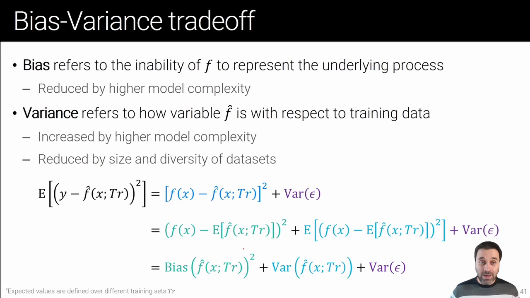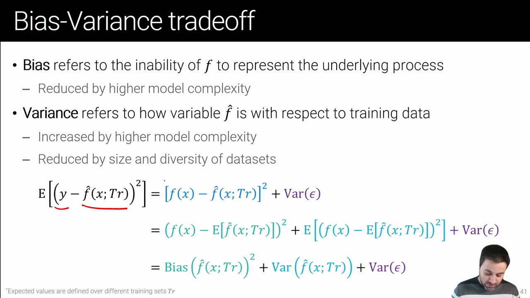So we can think about it again in terms of the expected deviation between a prediction and the true value. And in particular, we're going to talk about the expectation over different training data sets. So what do we expect of the square deviation between the prediction of a model and the true value for that observation? And then what happens across training sets?